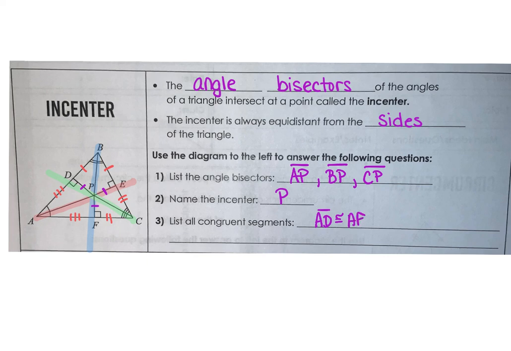So A to D and A to F are congruent. B to D and B to E are congruent, and C to E and C to F are congruent. All right?